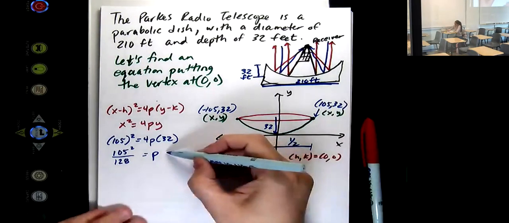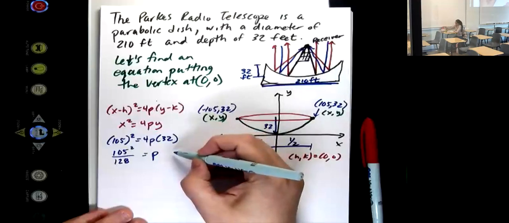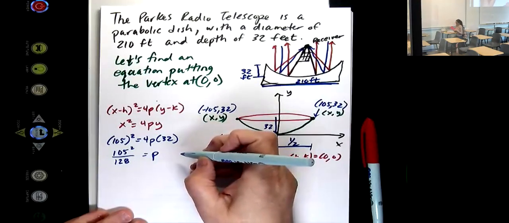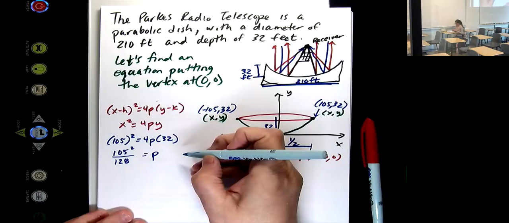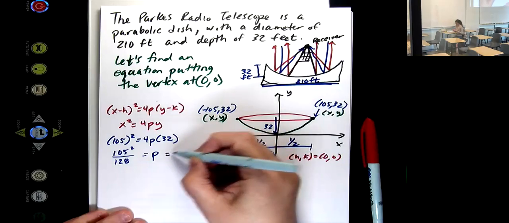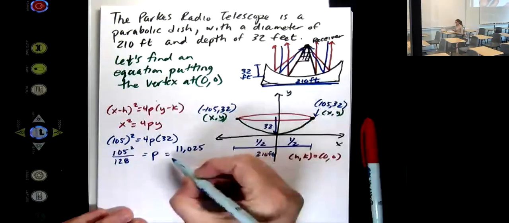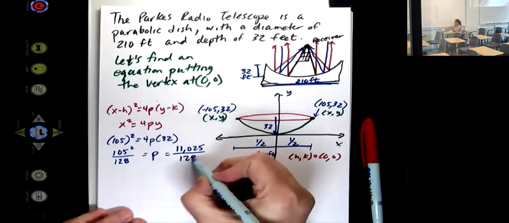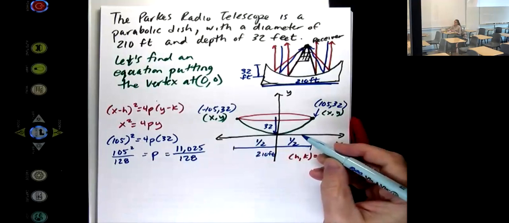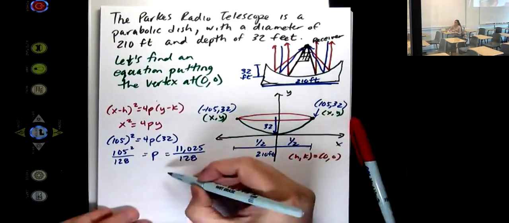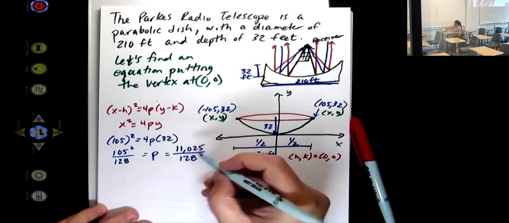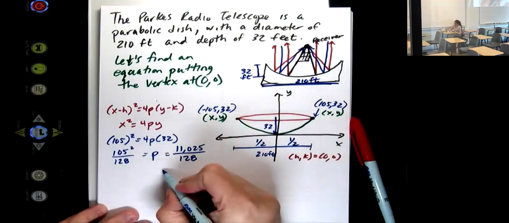What is 105 squared? That over 128. So what is that about? Let's use an approximation. That's not really helpful.